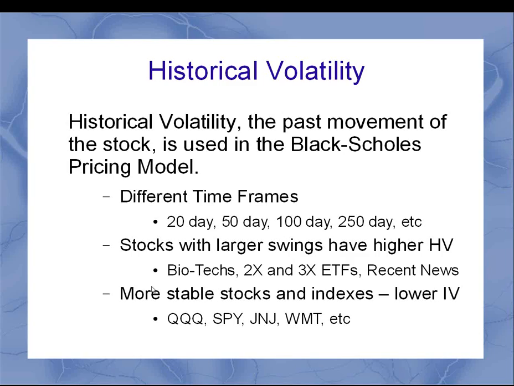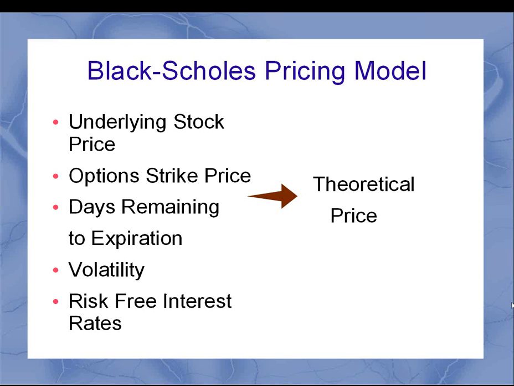Now, the Black-Scholes pricing model, the 5 factors we mentioned are plugged into an equation, and we're not going to go into the equation, but the 5 factors are plugged into the equation, and this should give us the theoretical price of an option. So we take the underlying stock price, whether it's a $2 stock, whether it's a $200 stock, or a $2,000 index, the strike price of the option, the days remaining to expiration.